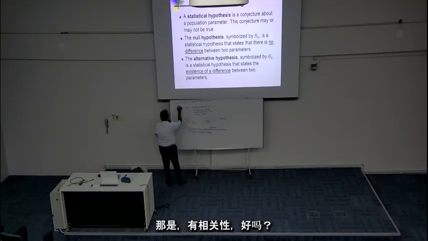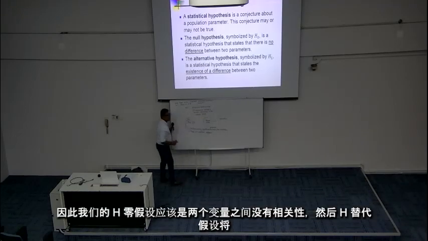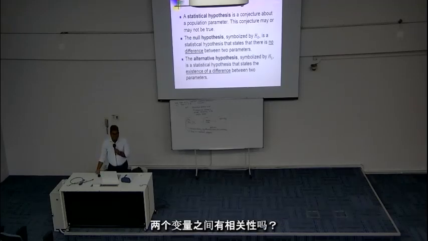H alternative, there is a correlation. So our H null should be no correlation between two variables, and H alternative will be that there is a correlation between two variables.